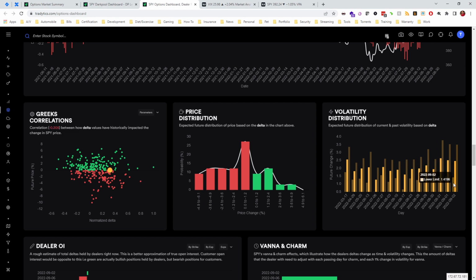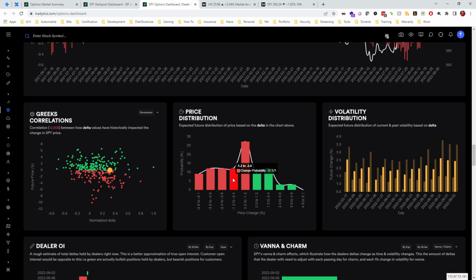On the lower end, we're looking at about a 1.4% move. And again, this is a price change overall, so this could be negative or positive, which gets broken down better by the price distribution chart to see exact probabilities. We can see the average price change is going to be roughly 2.4%.